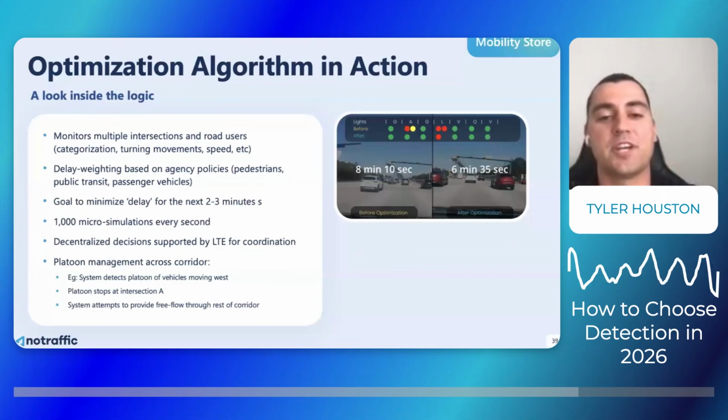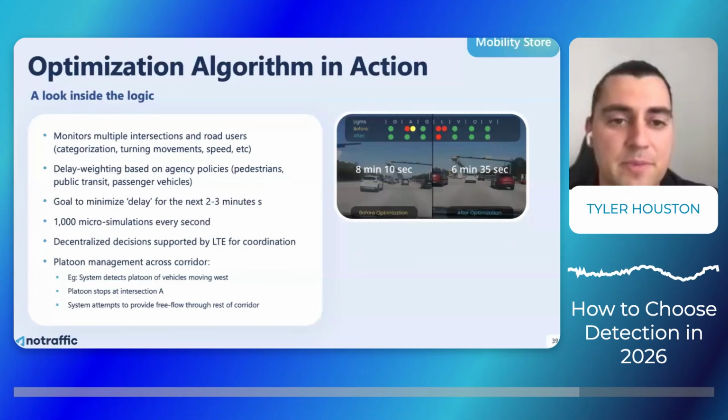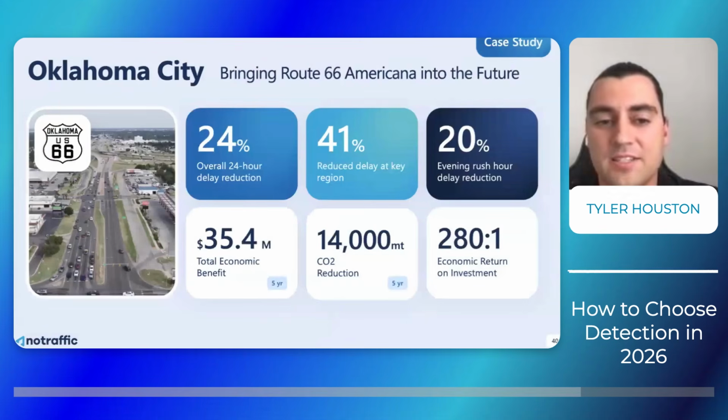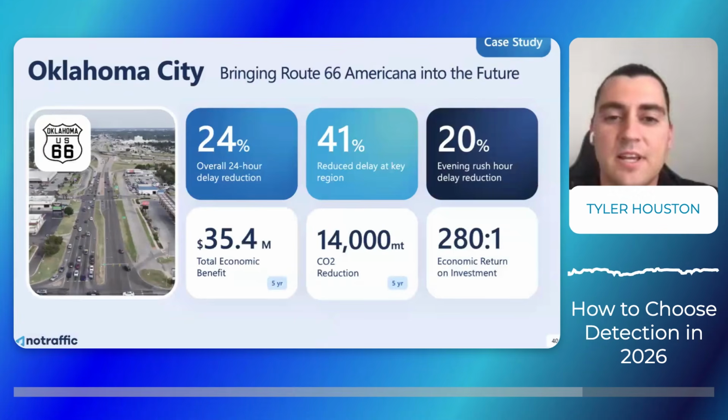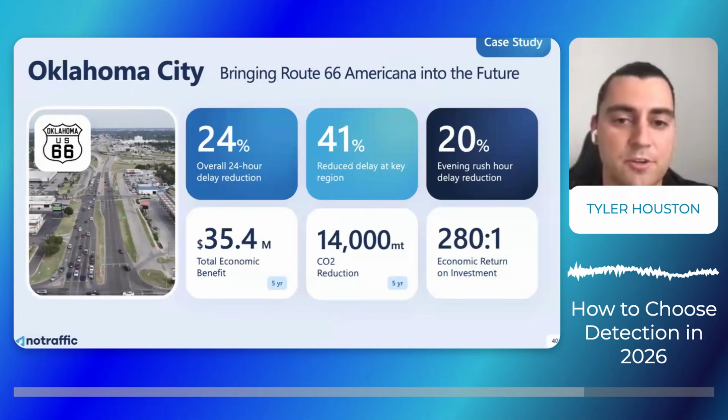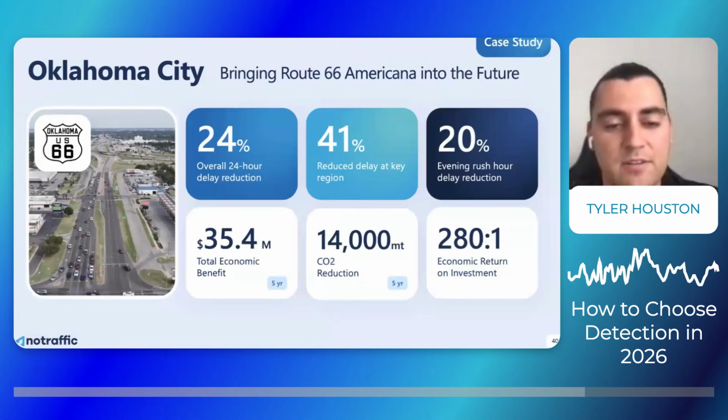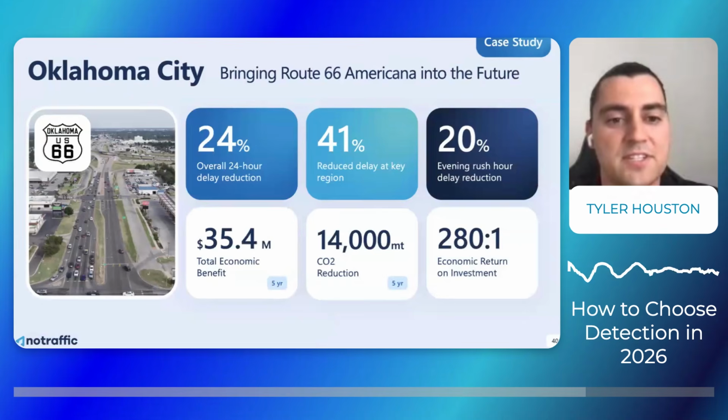Now, we've done optimization in many different agencies in North America. One example I'd like to share with you is Oklahoma City. They brought us on because they were traditionally doing AM and PM plans throughout the city, but they wanted to test out what they could do with a modern optimization system like NoTraffic. We went in and we basically installed the NoTraffic system.